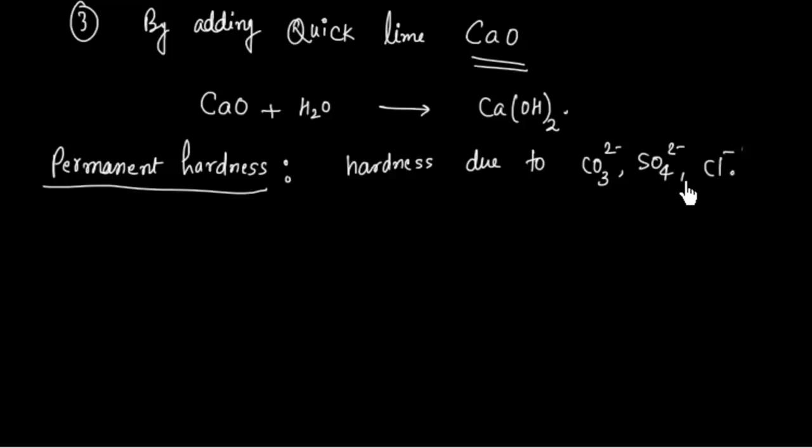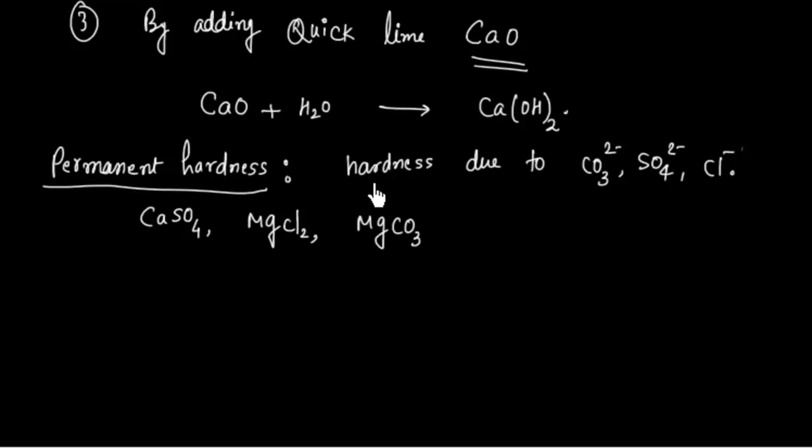So if I have CaSO4, let us say this is a cause of permanent hardness. If I have MgCl2, this is a cause of permanent hardness. Similarly, we can have MgCO3, this is a case of permanent hardness.